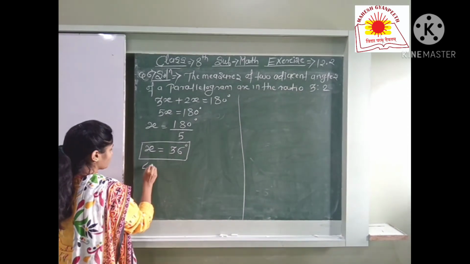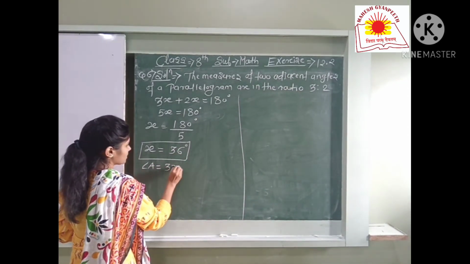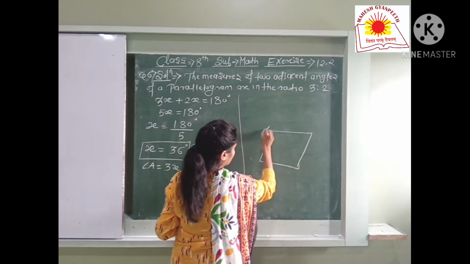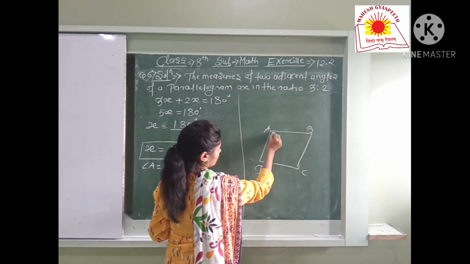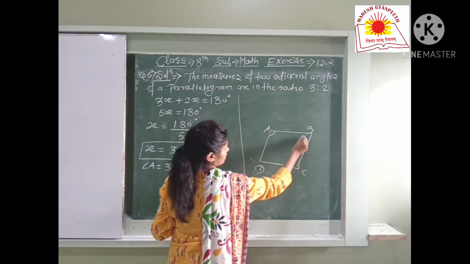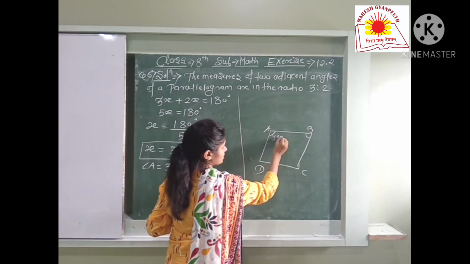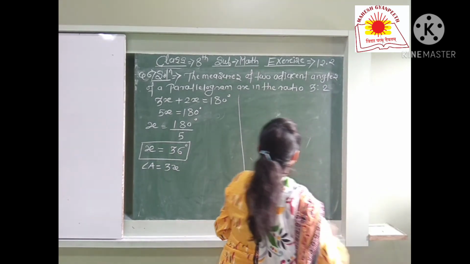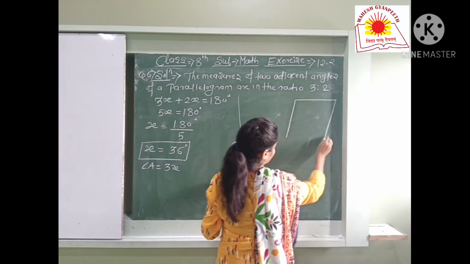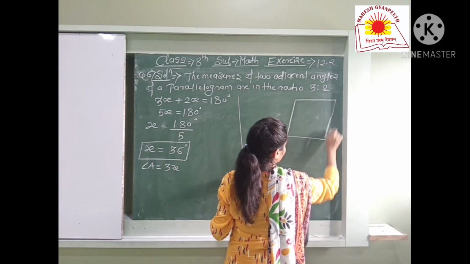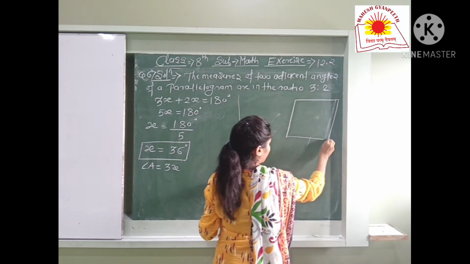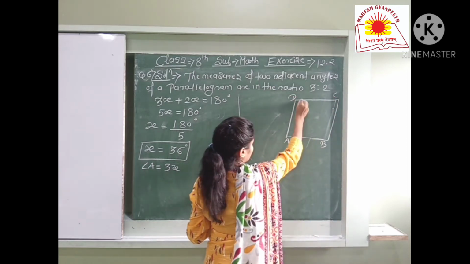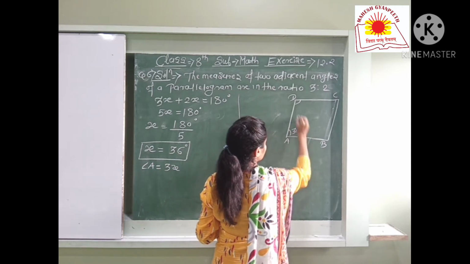Consider angle A equal to 3x. For this type of question we have to draw the diagram: A, B, C, D. These two adjacent angles are 3x and 2x.